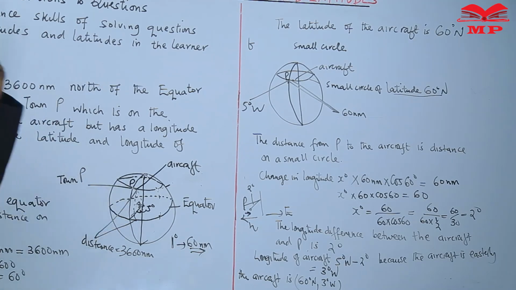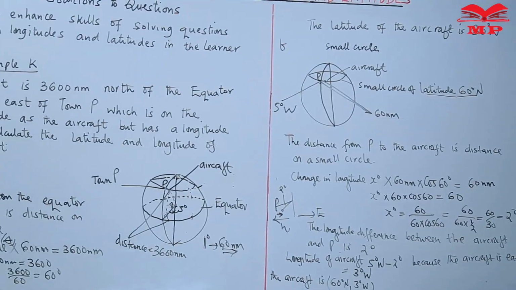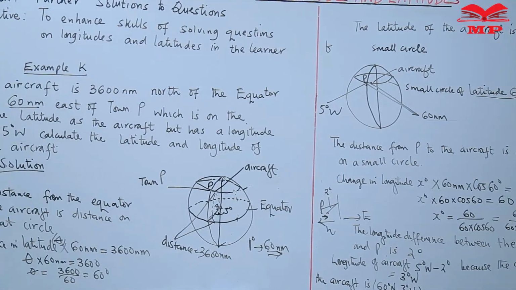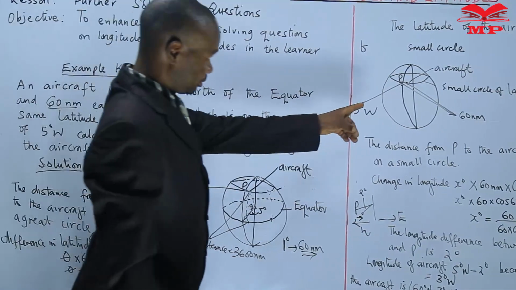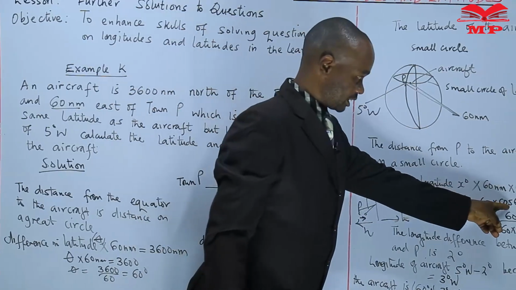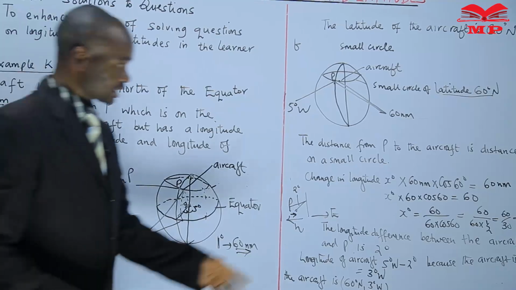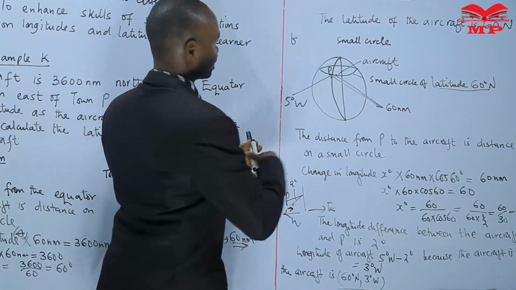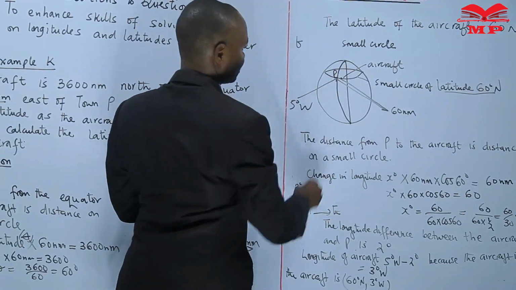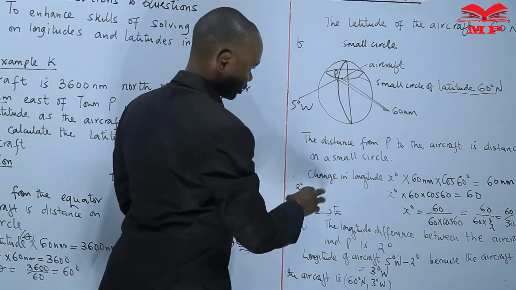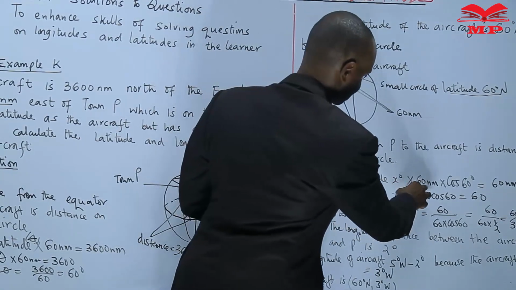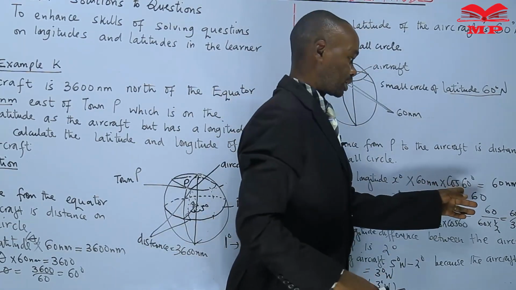Distances along great circles. The distance from the equator to the aircraft is a distance on a great circle because it is on a longitude. When you come to a small circle, the cosine of the latitude comes in. That's why we have, it is now the longitude difference, x times 60 nautical miles times cos 60.